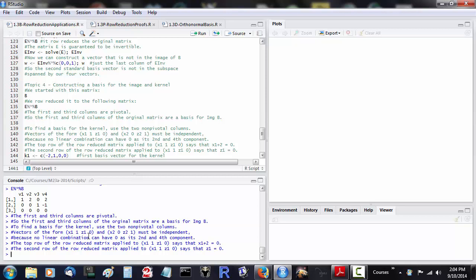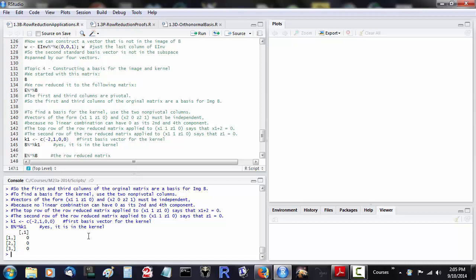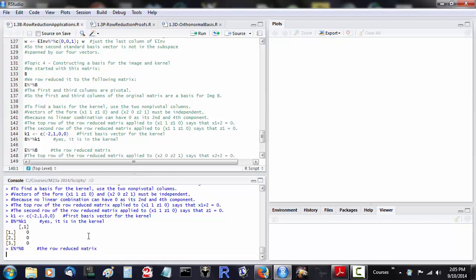Doing the same thing with the second row tells me that z1 is going to be equal to 0, and I never get more than one of the unknown quantities in these equations. So the first row tells me x1, the second row tells me z1. And there's my first basis vector for the kernel, the one that has a 1 in the second position, a 0 in the fourth position. Multiply B by this vector. Yes, indeed, it is in the kernel.